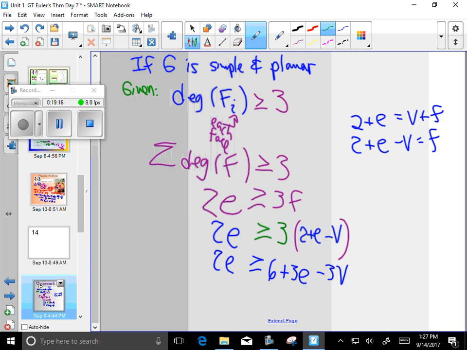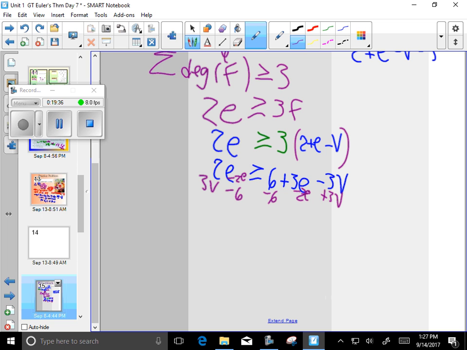So I'm just going to subtract 6, add 3v, and subtract 2e. And so that's going to give me 3v minus 6 greater than or equal to 3e minus 2e, which is e.